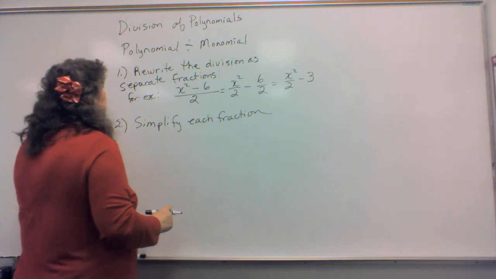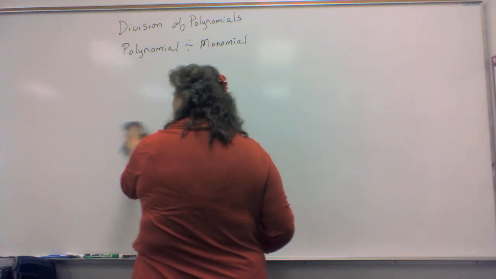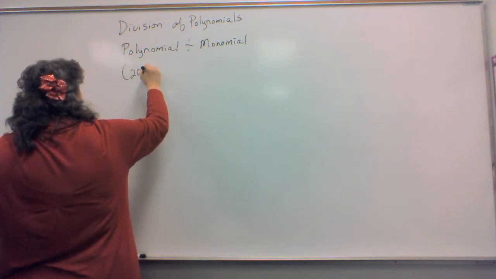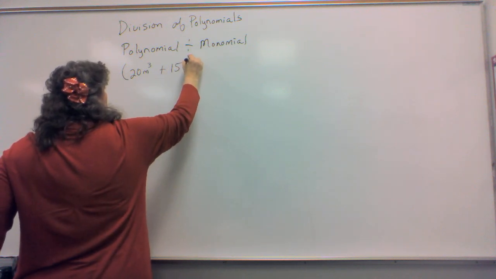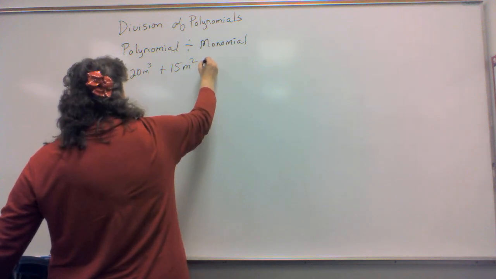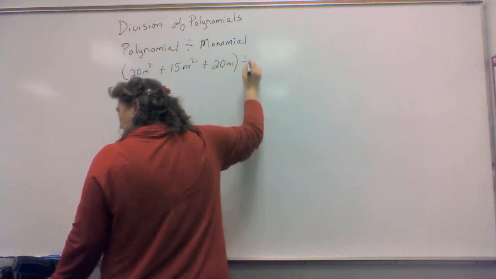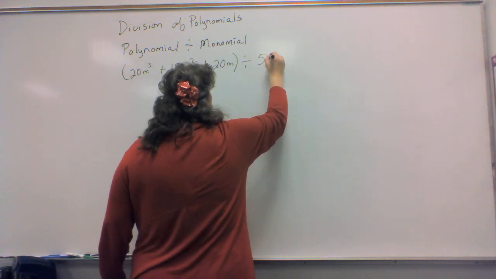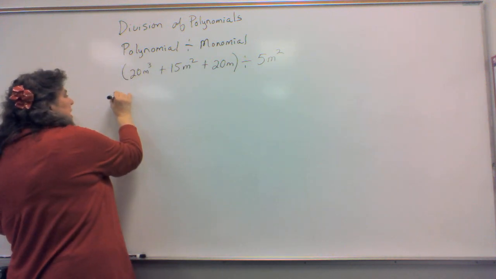So now let's look at an example of this. Let's look at a problem. We have 20m to the third power plus 15m to the second power plus 20m, and it's divided by 5m squared, 5m to the second power. So my first step is to rewrite this as a fraction.